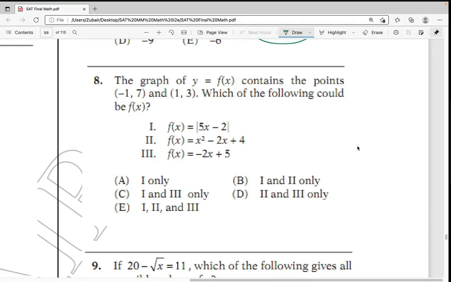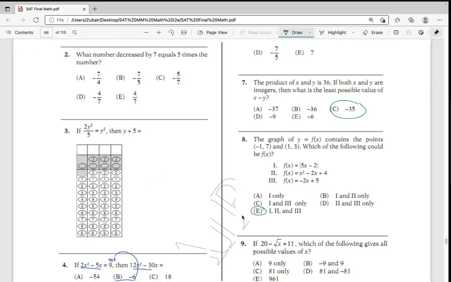Correct. Ahmed got the same answer. Yeah, I just got E. That is correct. I'm leaving most of the questions as this topic is simple.